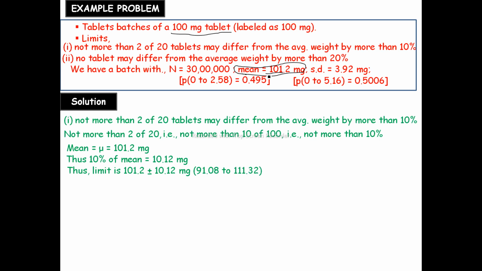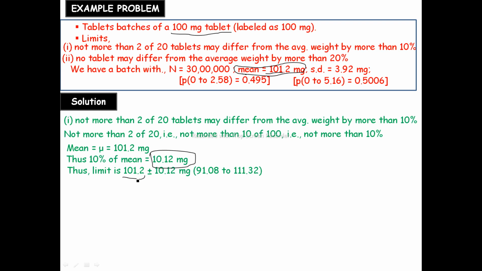So, what are these values? The mean weight over here is 101.2, and it should not differ by 10%. We took 10% of the mean value and we got 10.12. Differ by 10% means plus 10 or minus 10.